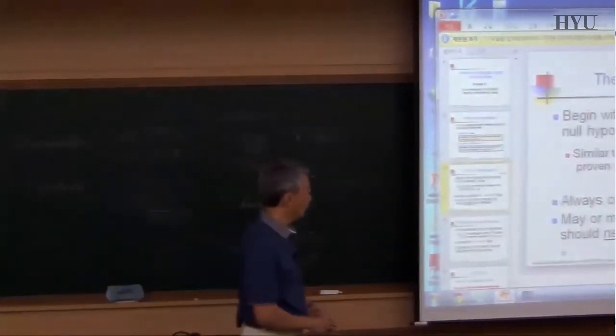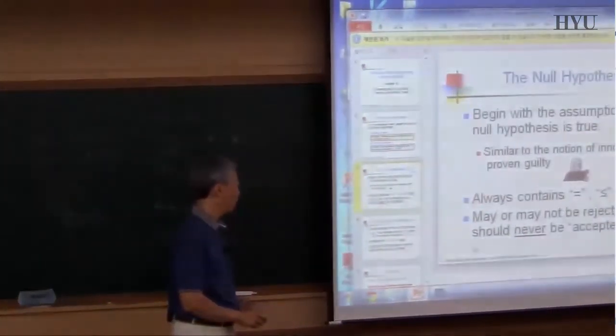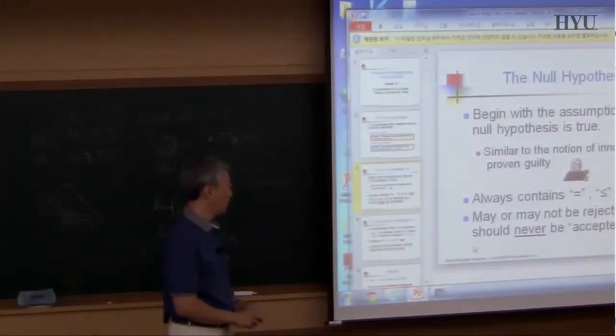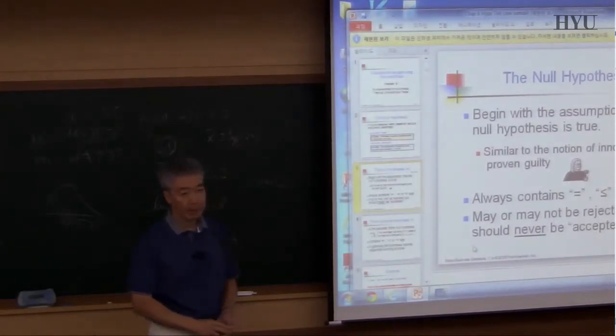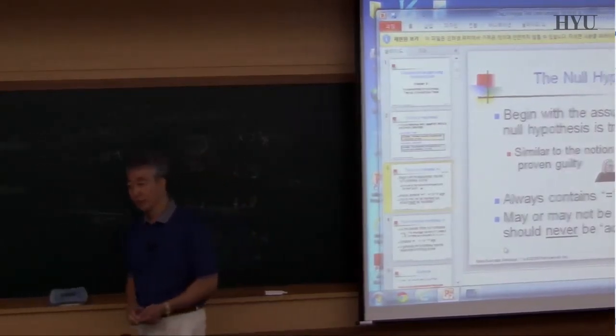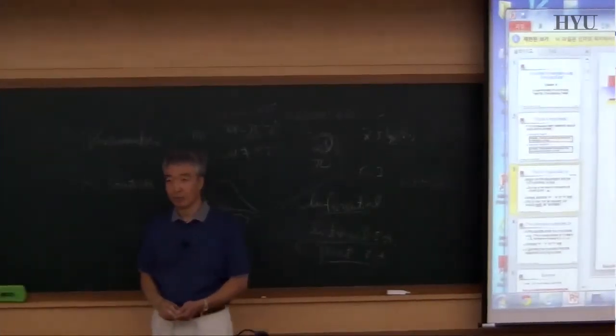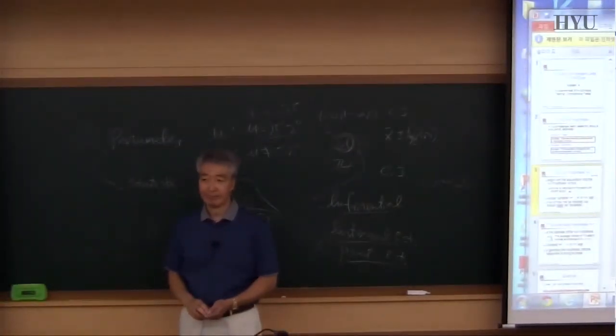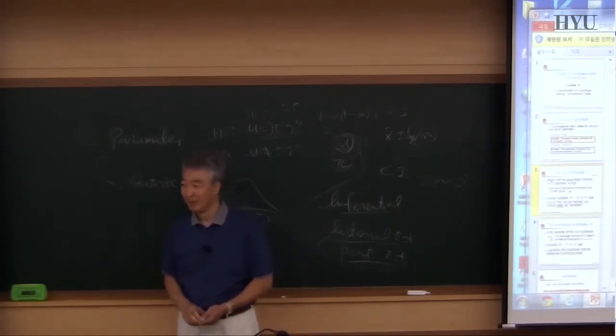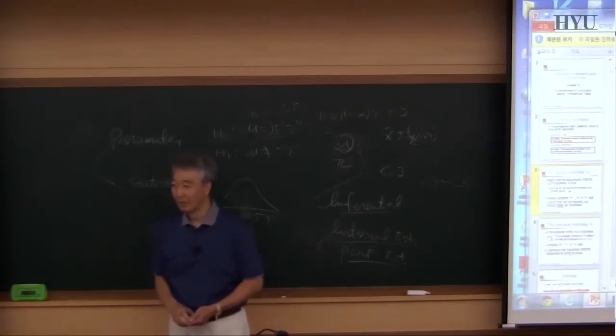Okay, the final point here. It may or may not be rejected, but should never be accepted. Even if you cannot reject the null hypothesis, you cannot say you accept the null hypothesis. Why? I highly doubt anybody remembers this. Minje?